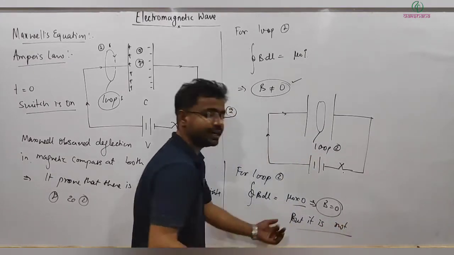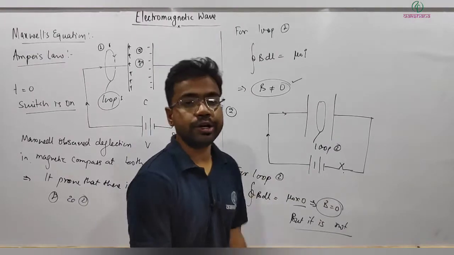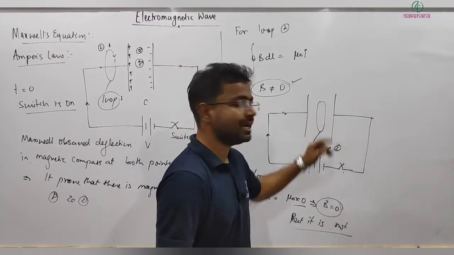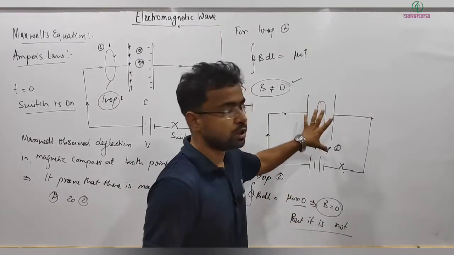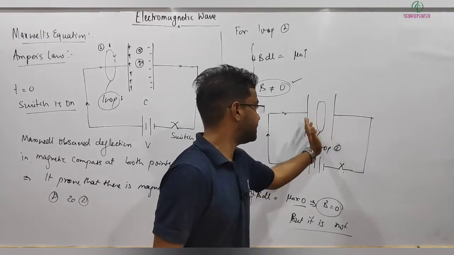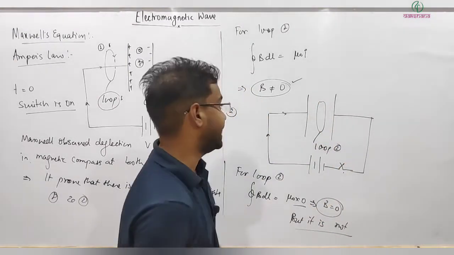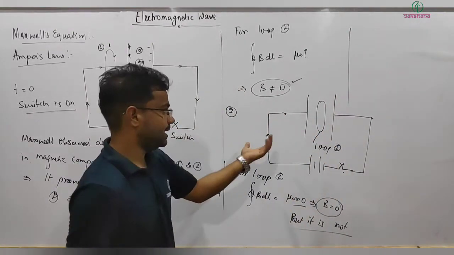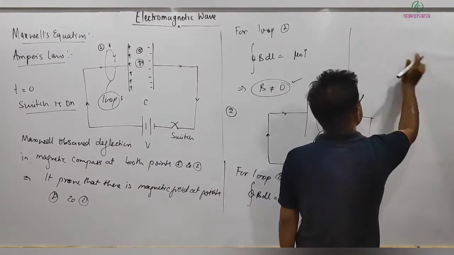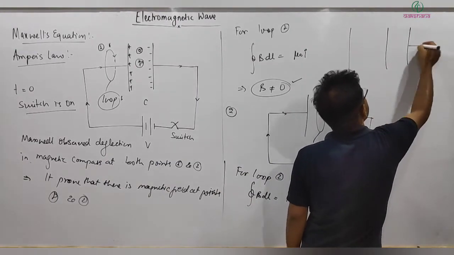This is the contradiction: according to Ampere's law, the magnetic field at this point must be 0 because there is no current enclosed in this loop. This is in air, there is no conductor passing through this loop.